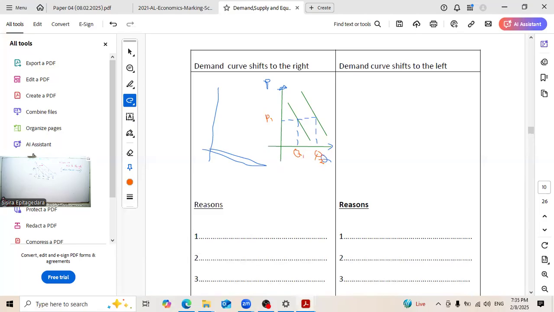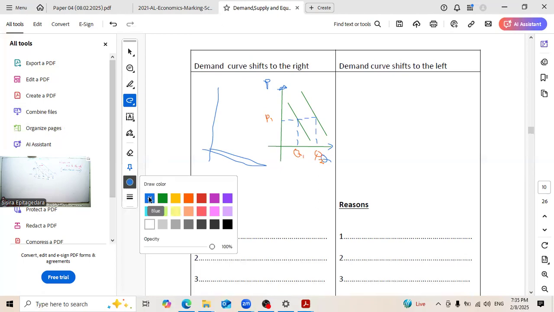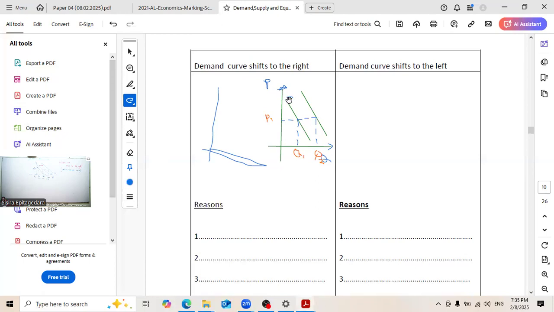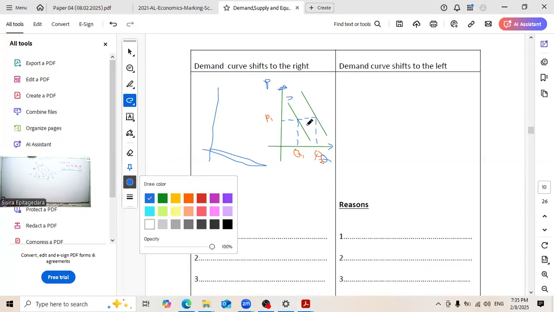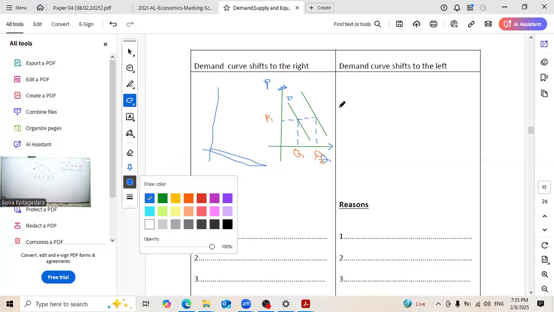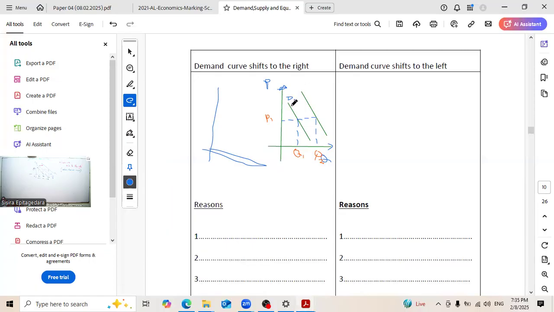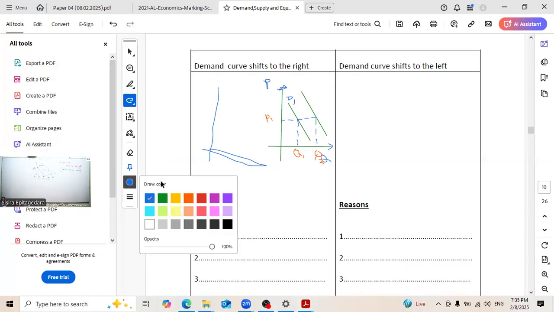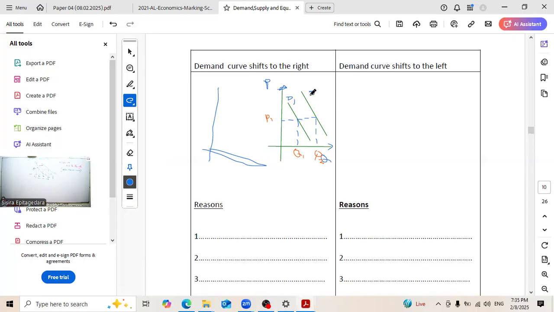Then you should label the demand curve. This is demand curve 1, D1. Then the second one is demand curve 2, D2.